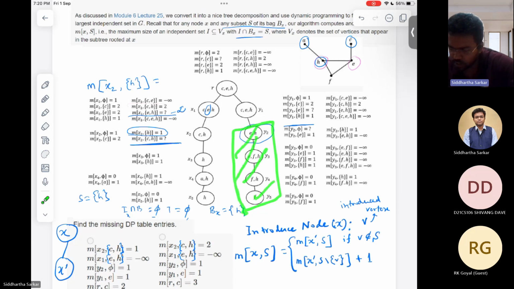V of y2 is EFH. So EFH itself is a triangle. So from a triangle, how many vertices can you take in the independent set? Phi. From this triangle, you can take one vertex that is always independent. One of the vertices you can take.